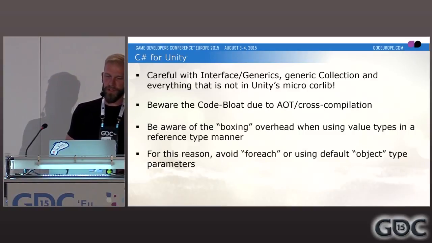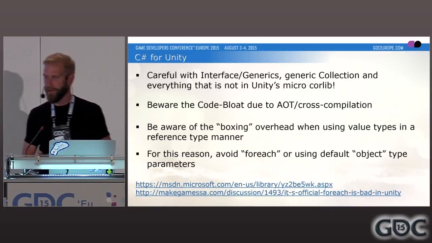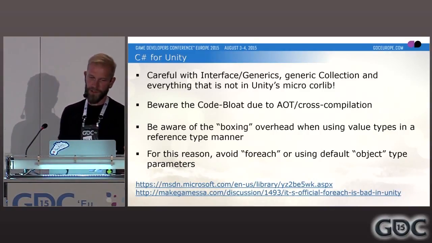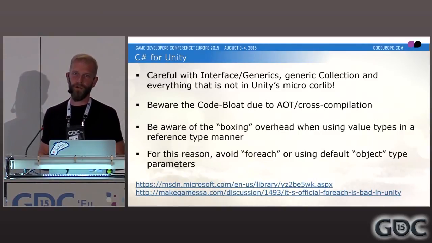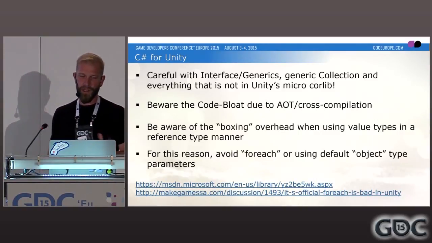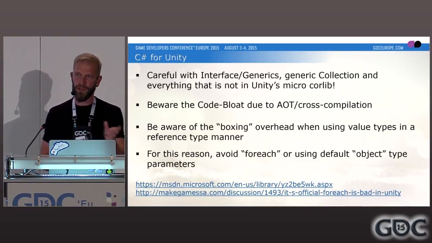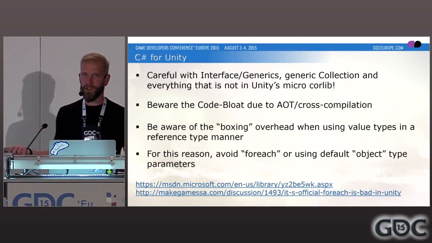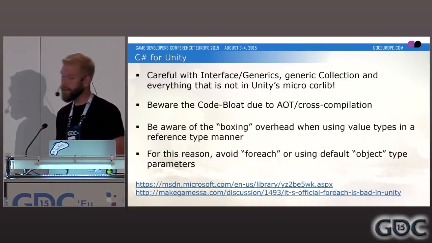So this is why you should prevent the foreach iterator. There's something more behind the foreach, but that's maybe beyond the scope of this talk. And you should also prevent the object type parameters. So we always make sure that you know what sort of object you are using and how you're providing the interfaces. The talk will be available in the vault as well, so then you can have a look into the links more explicit.